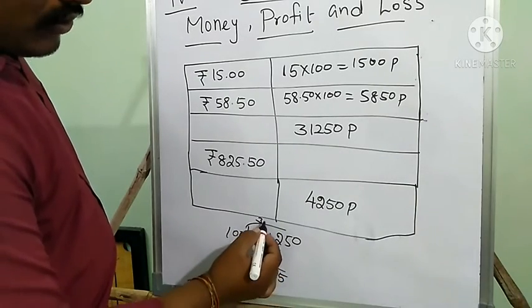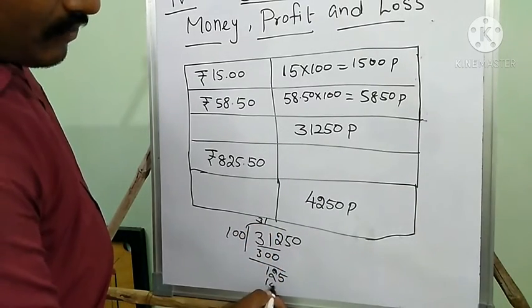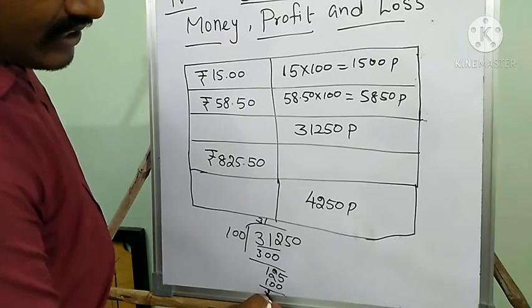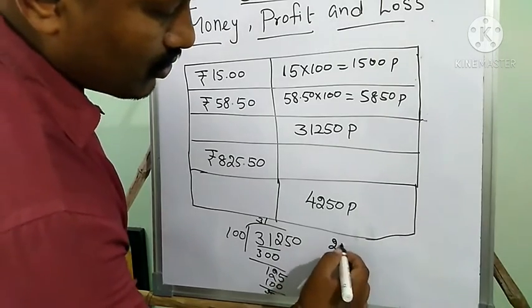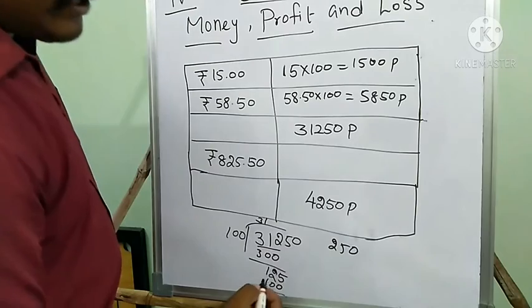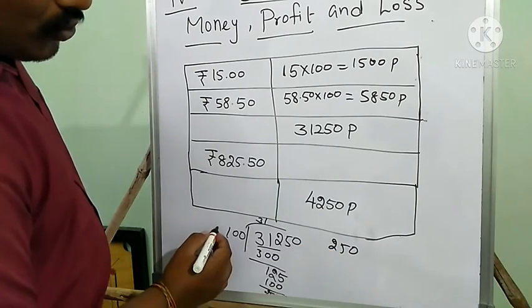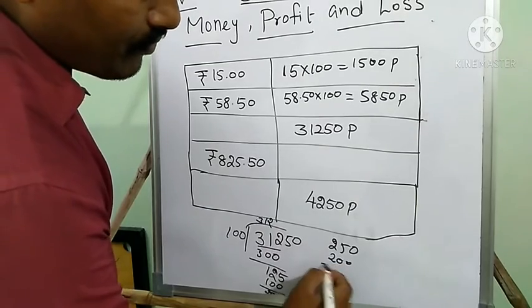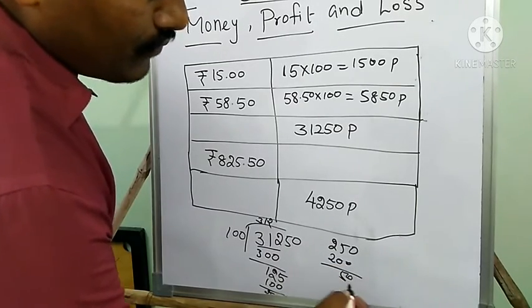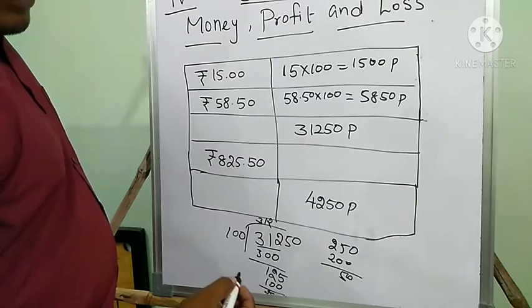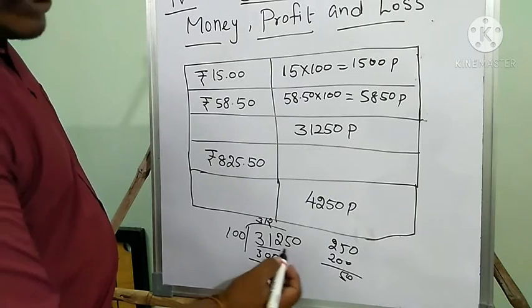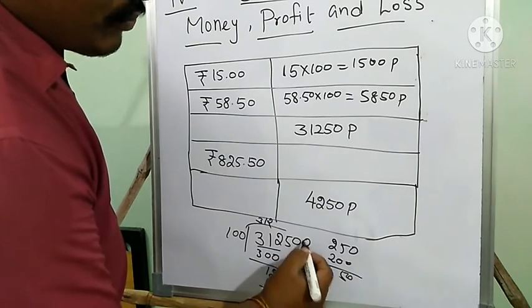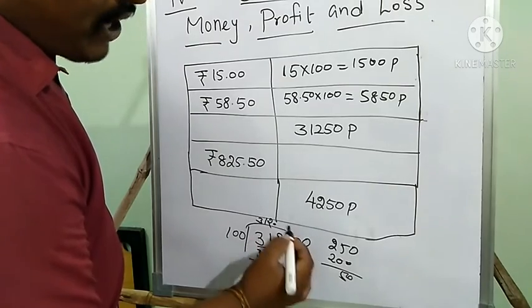So 1 times 100 is equal to 100. Then you will get 25. So 25, you take down 0. Then now 200 is equal to 200. Then if you subtract, you will get 0, 50. Okay. Then if you want to subtract, you can't subtract. So I will take one more 0. So I will put the decimal point here.